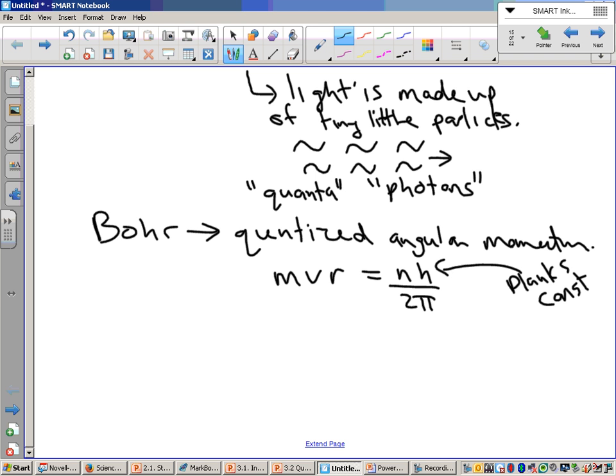So Bohr realized that they had to spin, but they couldn't orbit in any particular fashion. They had to follow that equation. And at the end of the physics course, Mr. Petrus will go through using this equation along with some centripetal motion equations, right? You guys have already done that type of thing, right?